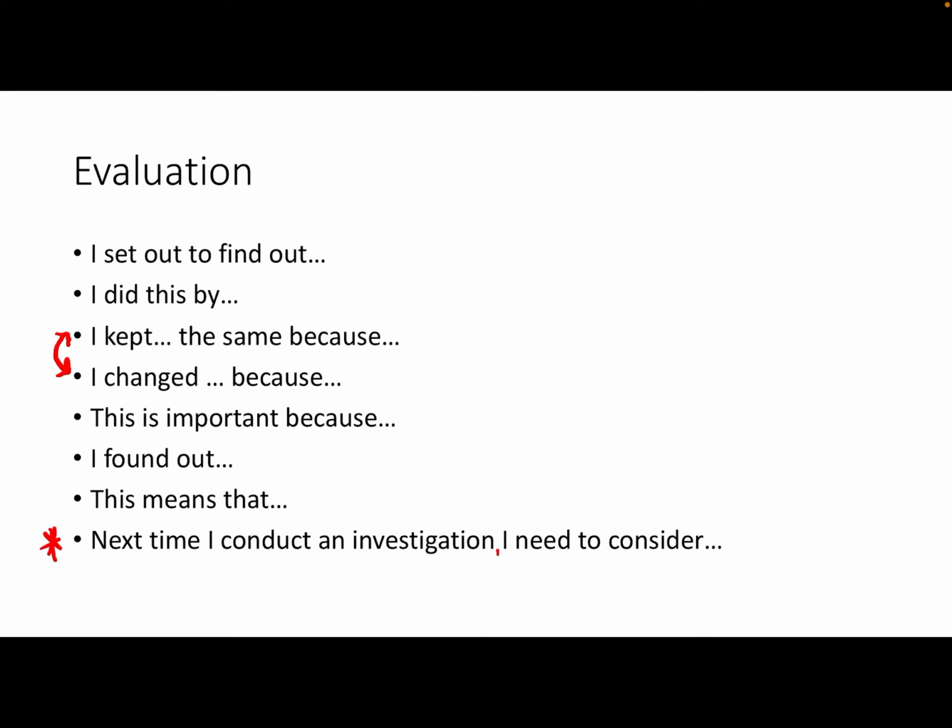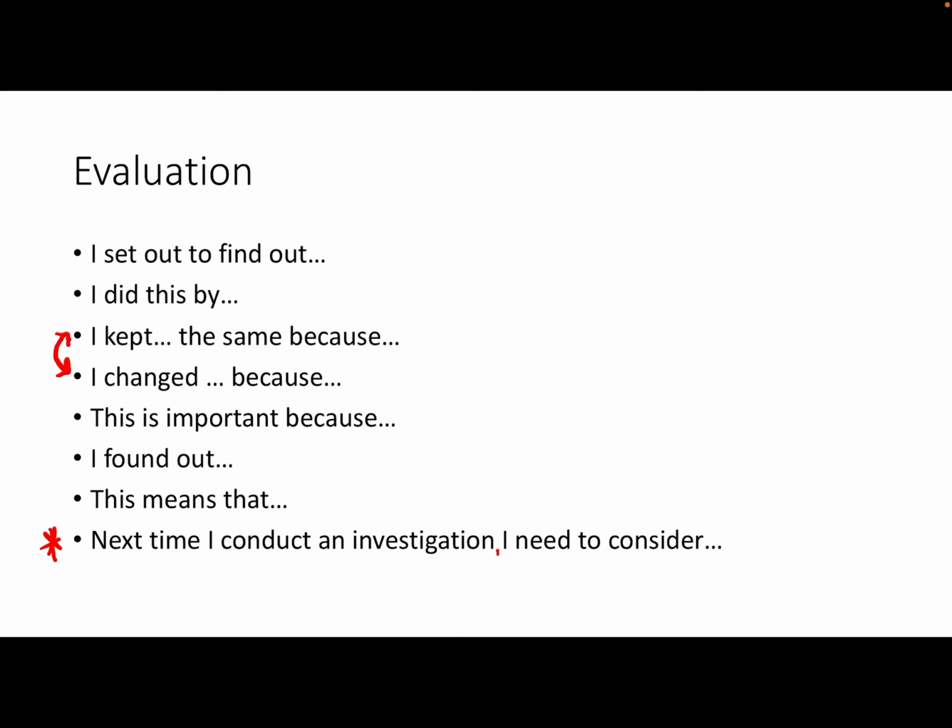So next time I conduct an investigation, I need to consider, or I need to make sure that I only have one independent variable, so that I can clearly observe the results. Next time I conduct my investigation, I need to make sure that all of my controlled variables are monitored.